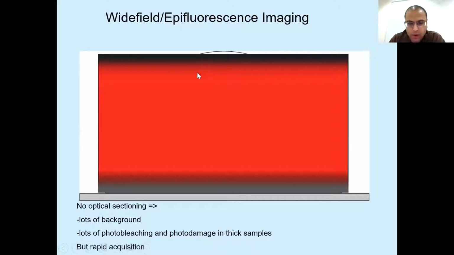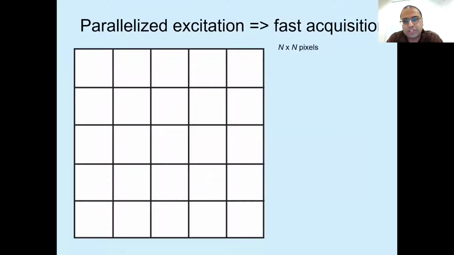One way of thinking about this is what the detector sees. If you have some pixelated camera image, let's say with n by n pixels, here I've shown an example with just 5 by 5 pixels, one way of thinking about the widefield microscope is you have parallelized excitation and parallelized detection.